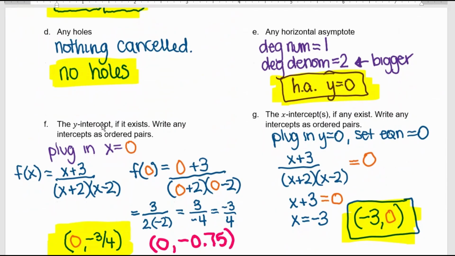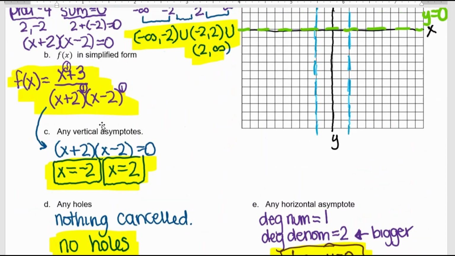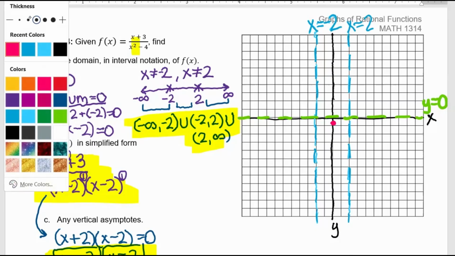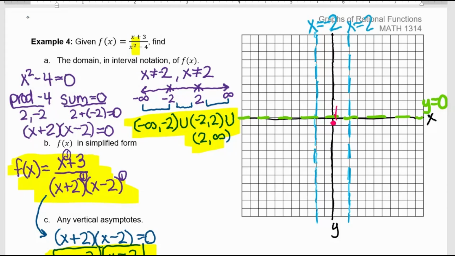So we need to graph 0, negative 3/4, or negative 0.75. So from the origin, we don't move left or right, but we do drop down about 3/4 of the way. And there's my y-intercept of 0, -3/4.